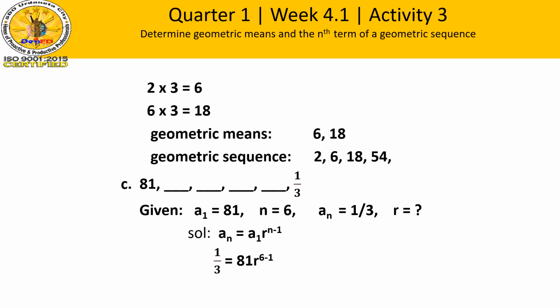a sub n is equal to a sub 1 multiplied by r raised to n minus 1. Then by substituting the values of a sub n is equal to 1/3, your a sub 1 is equal to 81 multiplied by r raised to 6 minus 1. Therefore, we have 1/3 is equal to 81 multiplied by r raised to the fifth.